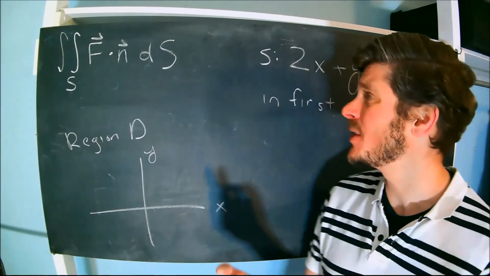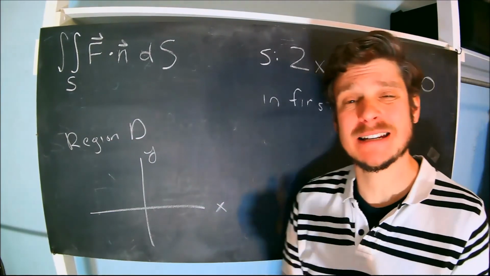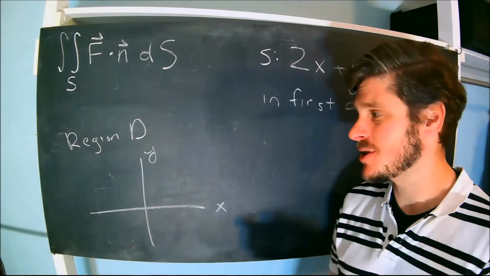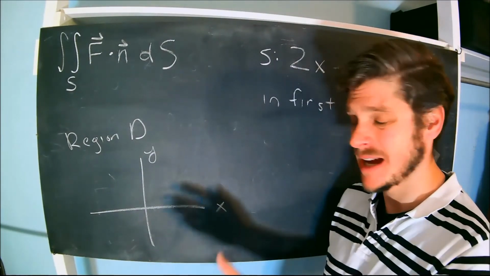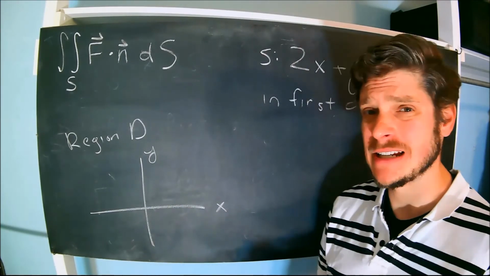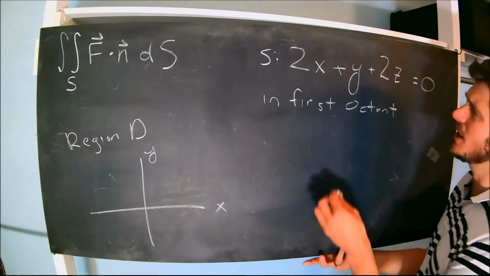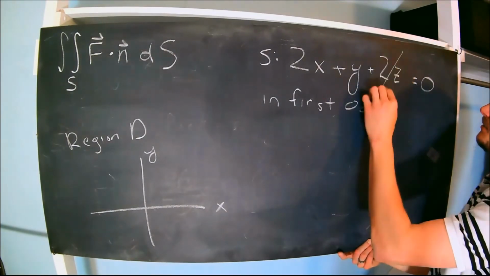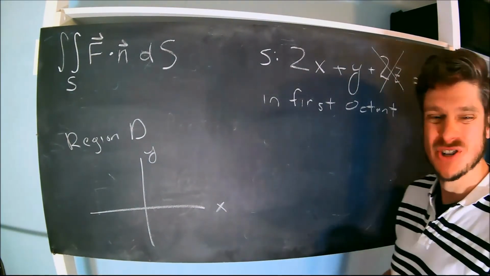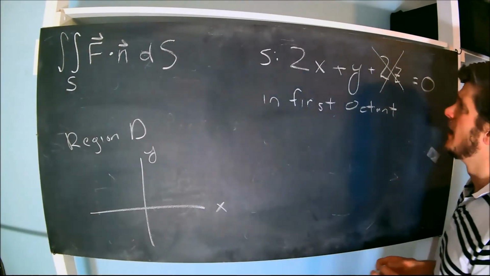So, from the problem we know that we have the equation of the plane. It's in our first octant. Remember, the first octant is similar to the first quadrant, and it will be the first quadrant when we put it into just 2 dimensions in our region D. And so if I take this plane and set z equal to 0, it just gets rid of that portion. You could use the parameterized form if you wanted to. It'll be the same thing.